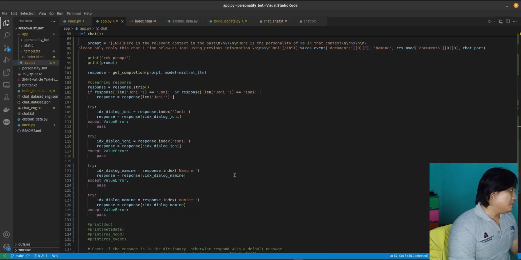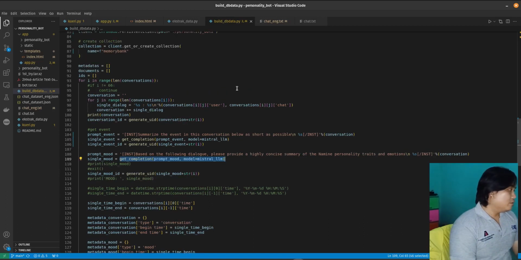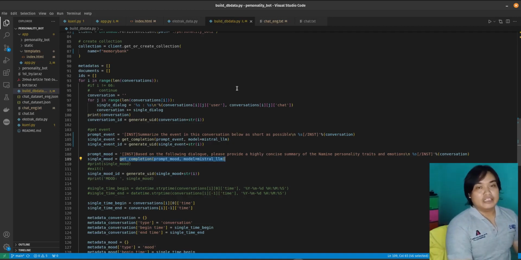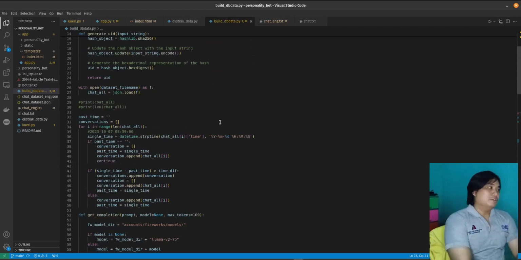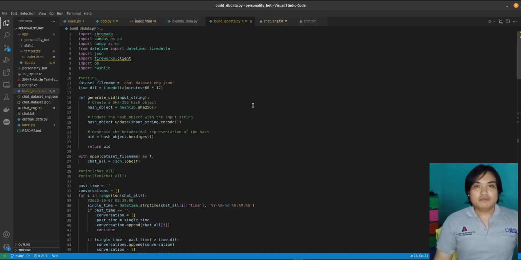Okay, now I will explain step by step how I built this bot. I need to censor some of the content here because there's a secret. First I will explain how I built the dataset for the ChromaDB.